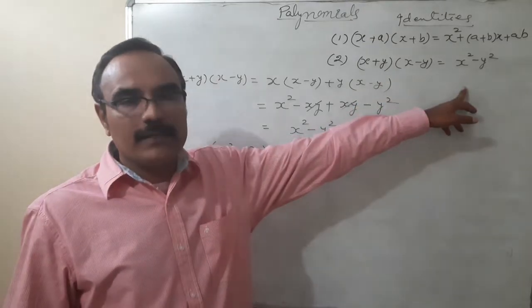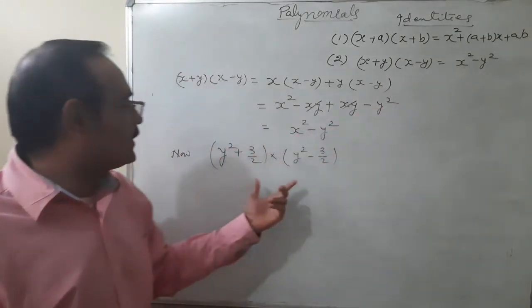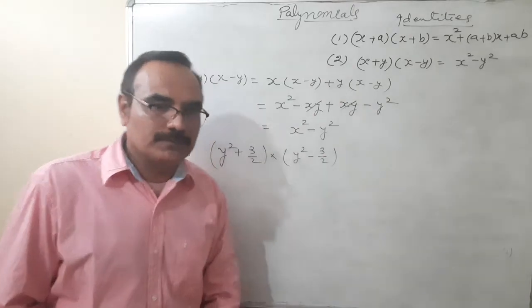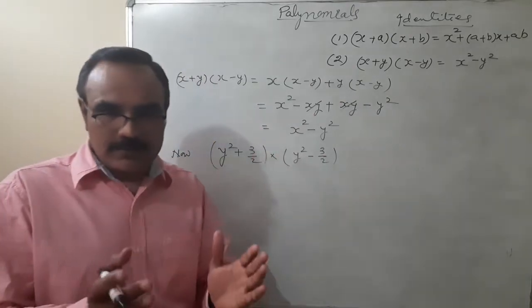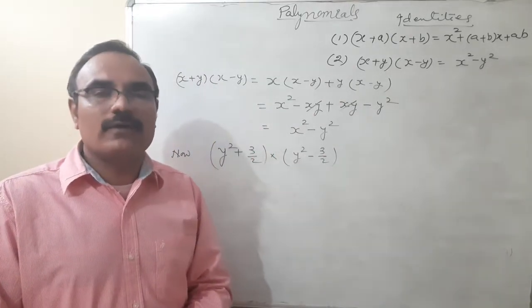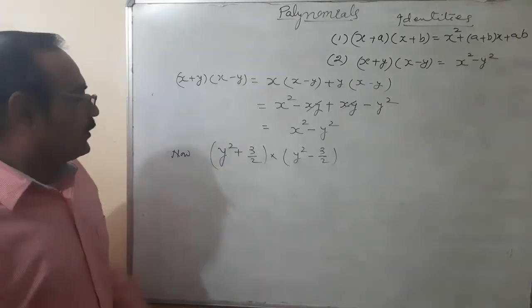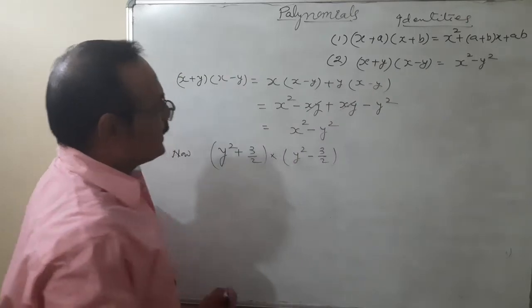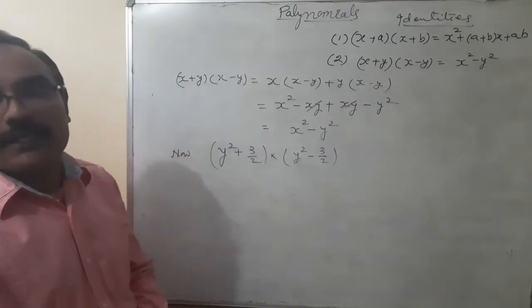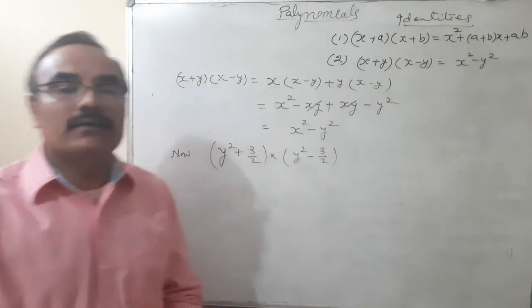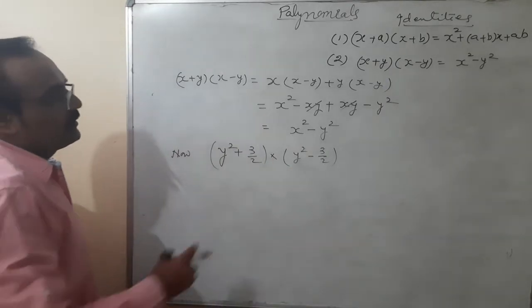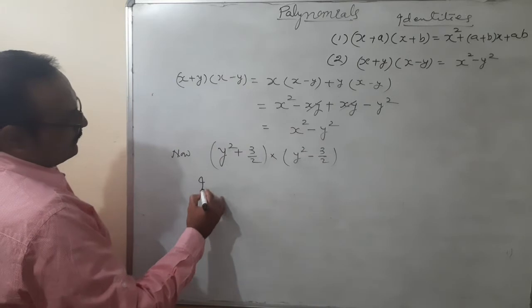Using the second identity, the factors form is given, and we are going to convert into the expanded form. Factors form, I told you, these are the forms in the form of brackets. So look at this. Using this identity, y square plus 3 by 2, and second is y square minus 3 by 2. So I am writing the identity.